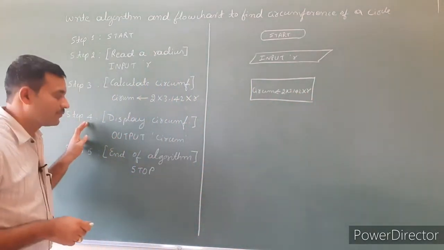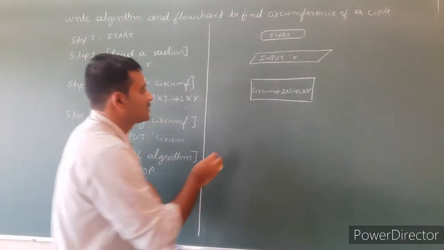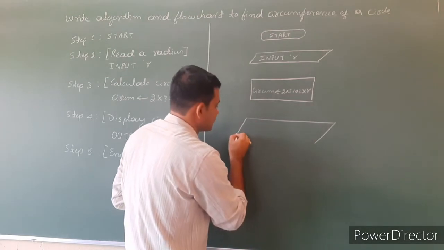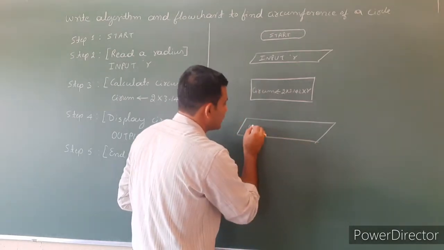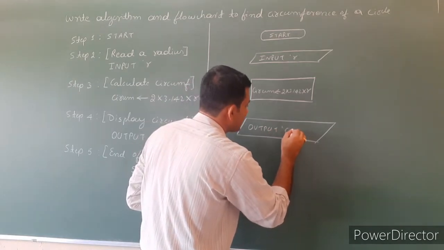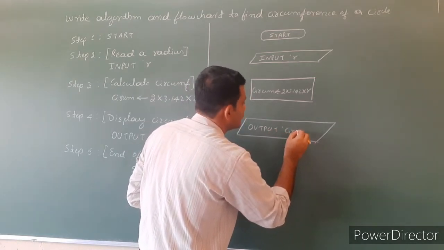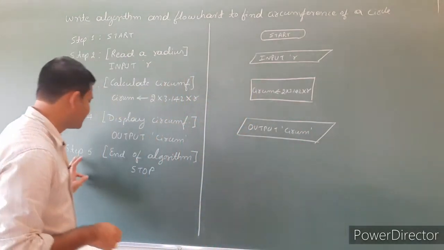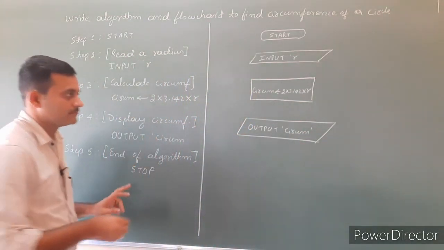Next is step 4, output. Again, output is represented with a parallelogram. Construct a parallelogram. Inside that, write the output variable name, that is CIRCUM, circumference. Then step 5, end of algorithm.